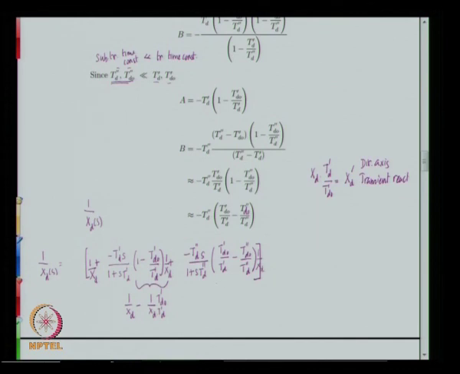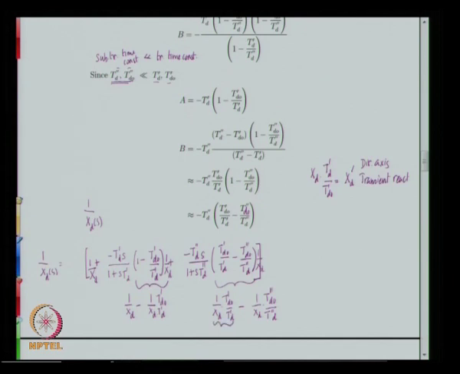And similarly, if we look at this term, that can be written as 1 by xd into T dash do by T dash d minus 1 by xd into T double dash do by T double dash d.